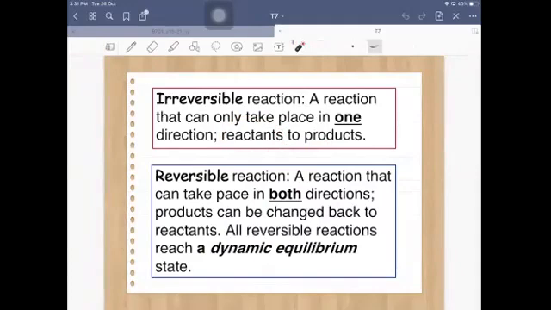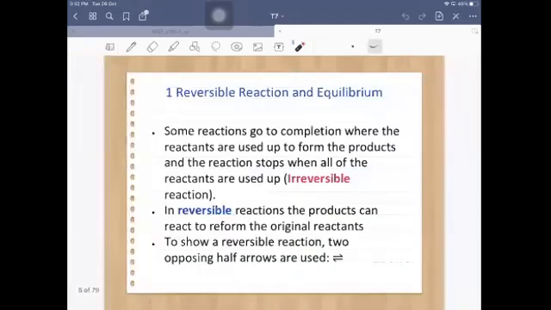So once your reactants are forming products, the products can start to reform the reactants, because this is the kind of reaction that happens in both directions. All reversible reactions will reach a dynamic equilibrium state. I will explain to you shortly what dynamic equilibrium means.